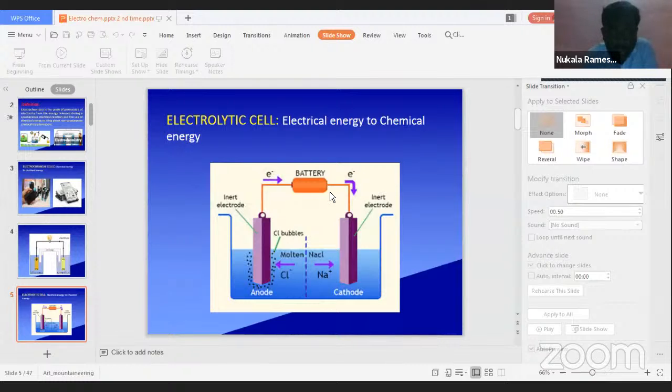Okay, yeah. So in this conversion of electrical into chemical energy, we are using some electrical energy to convert into chemical energy. So this is the second type of cell.